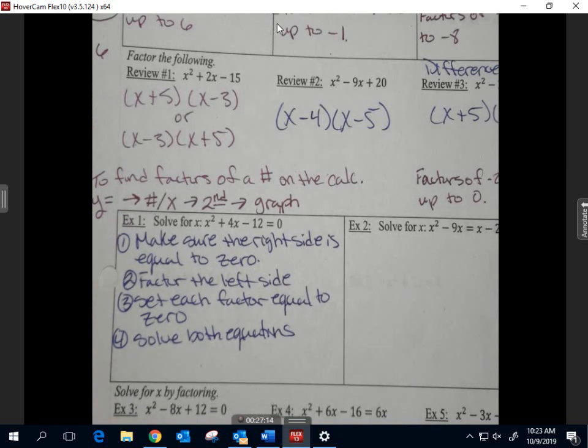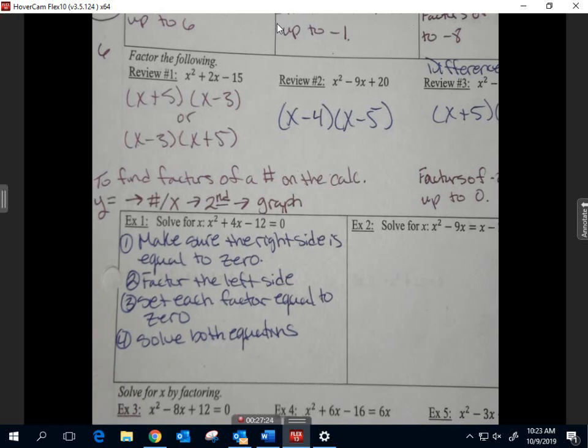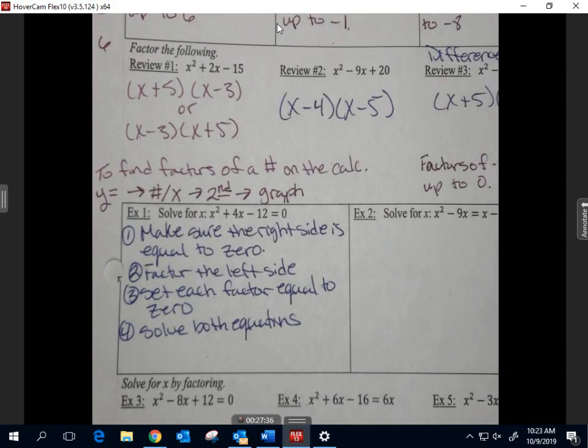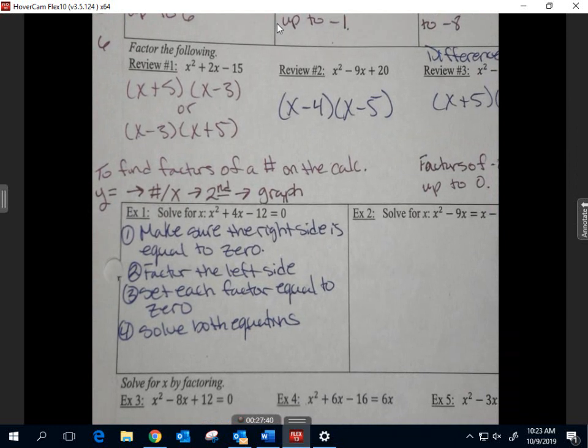I'm going to give you a second to finish copying this down, because I'm going to put a little sticky on top so I can actually solve this problem, because I ran out of room. If you ran out of room, you can get another sheet of paper out, or use the bottom of this paper to solve it.